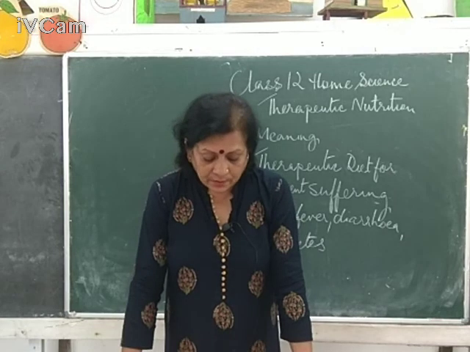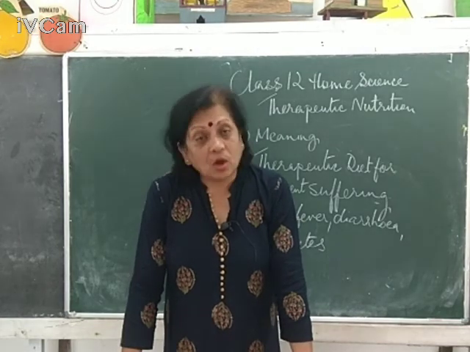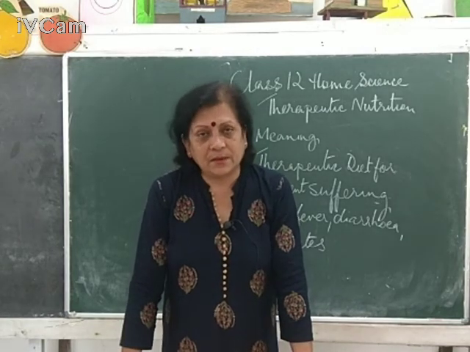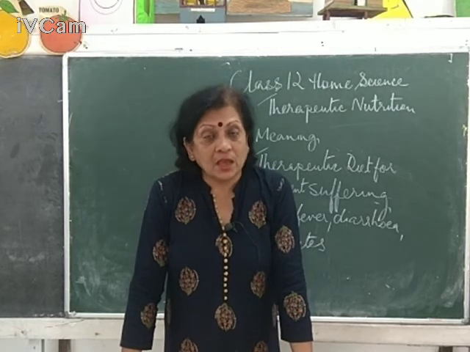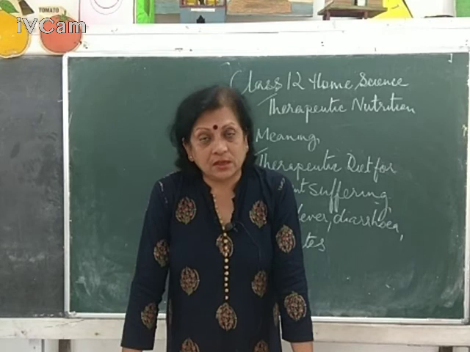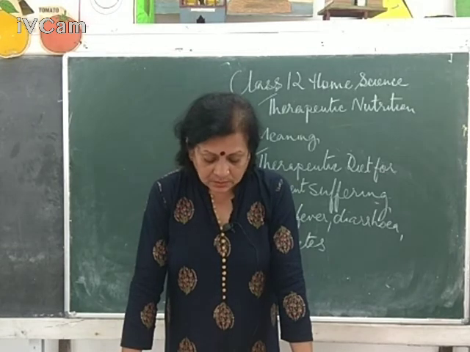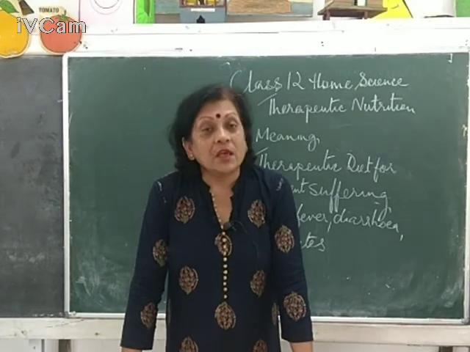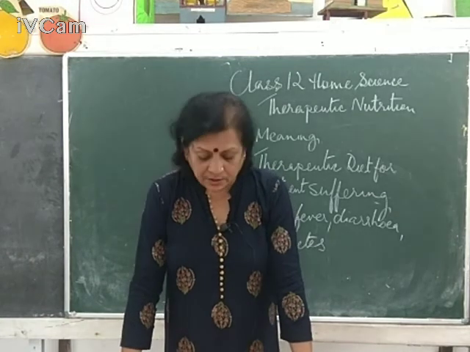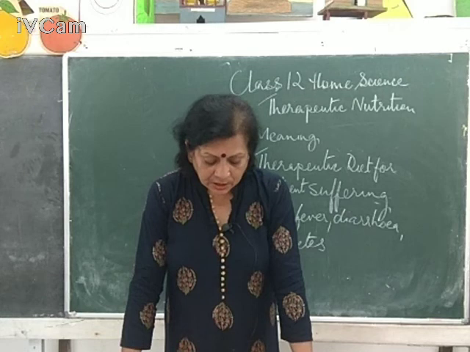So what we find is that there should not be any nutritional deficiency. That is, the immune system in the body should be strong. Hence, food has to be chosen which will keep the immune system strong. And for this, enough soup, juices, fruits, vegetables which will provide vitamins and minerals to the body must be included.